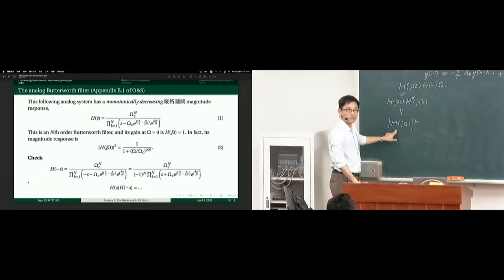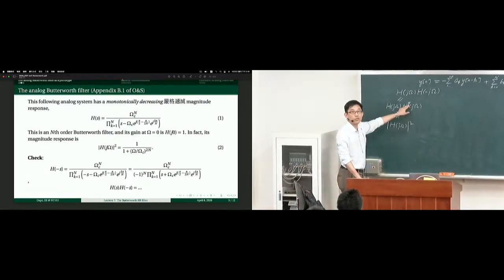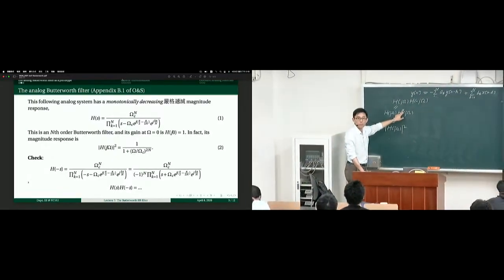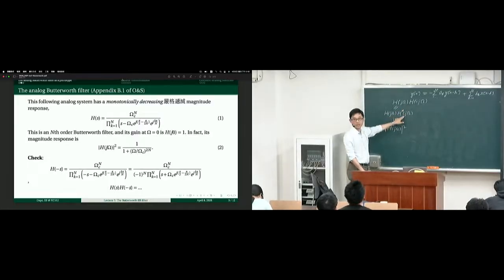So therefore, we have finally the expression that we need on the left. Do you all see that? From here to here, complex conjugate, because the frequency response has this symmetry. The frequency response of any system with real impulse response in the time domain has this symmetry. Okay?